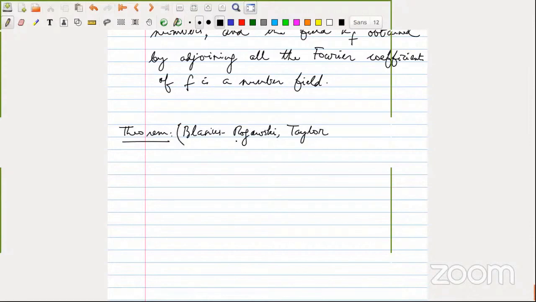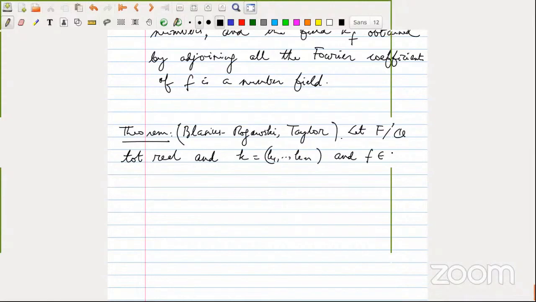It says that suppose F over Q is totally real, and I have k equals k_1 through k_n, and f belongs to S_k(n). Suppose this is an eigenform of the Hecke operators T(n).